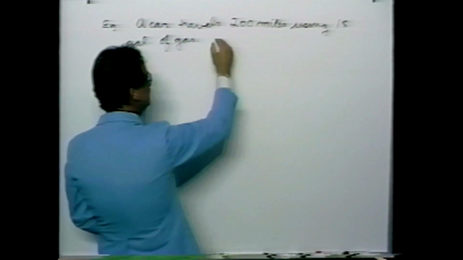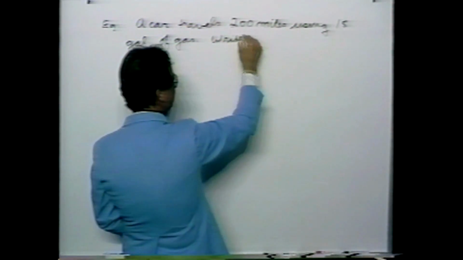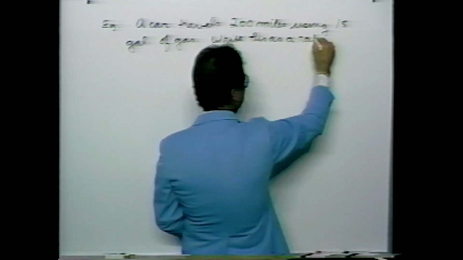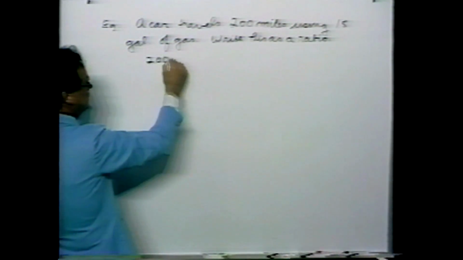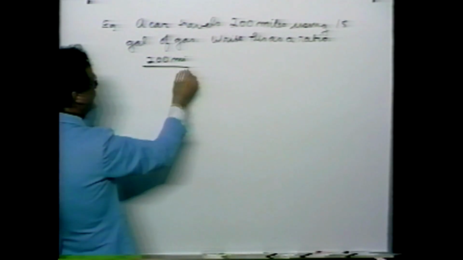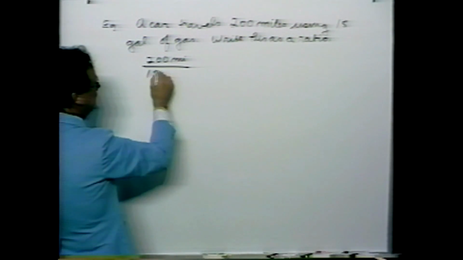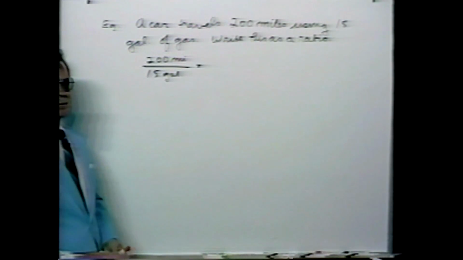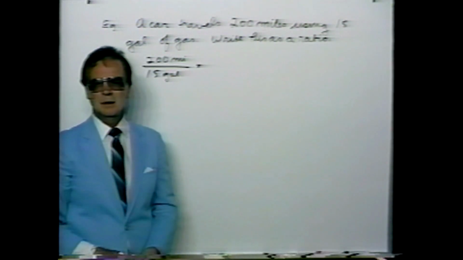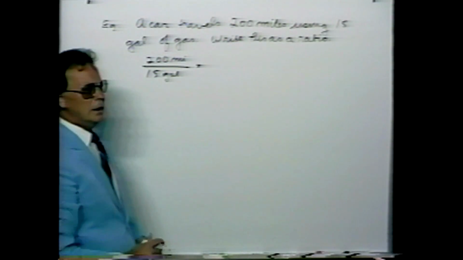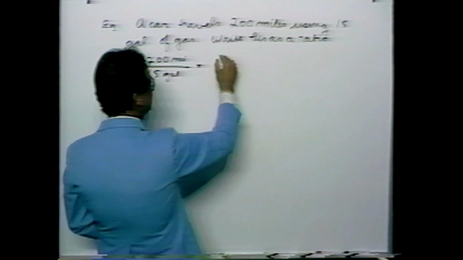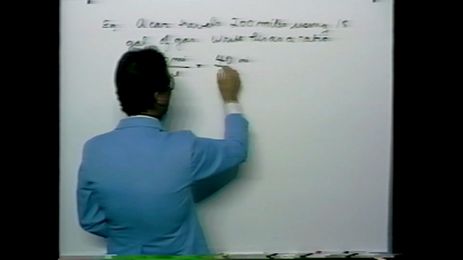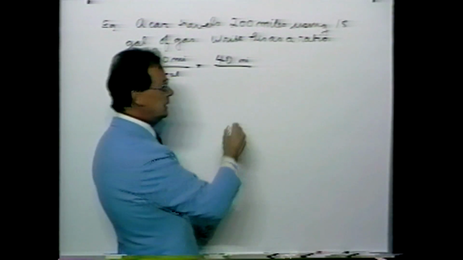Write this as a ratio. 200 miles over 15 gallons is the ratio that we want. Now, 200 over 15 can be simplified, and so the final ratio that we want to write is 40 miles over 3 gallons.